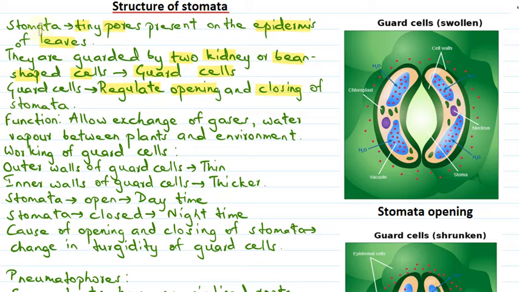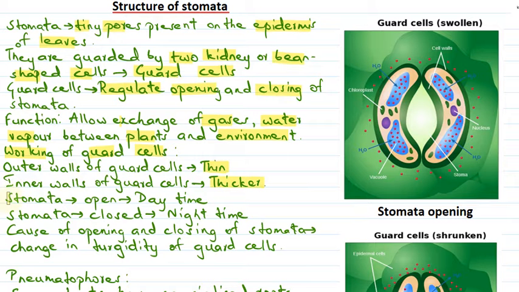Now what is the function of stomata? As they are tiny pores, they allow the exchange of gases and water vapor between the plants and the environment. Then we talked about the working of guard cells. The outer walls of guard cells are usually thin, whereas the inner walls are thicker than the outer walls.